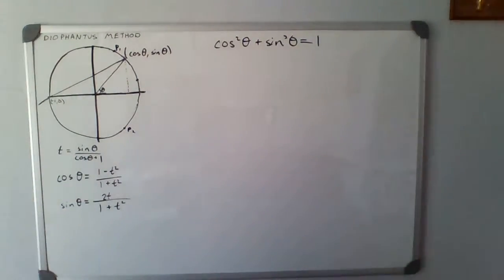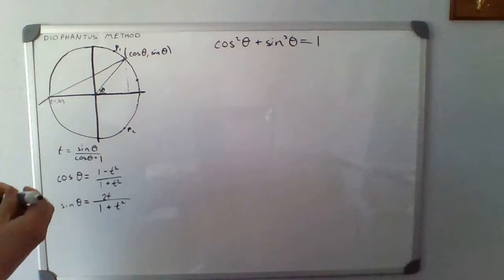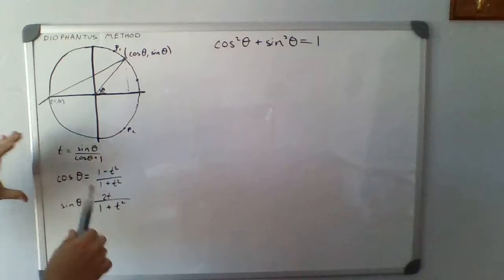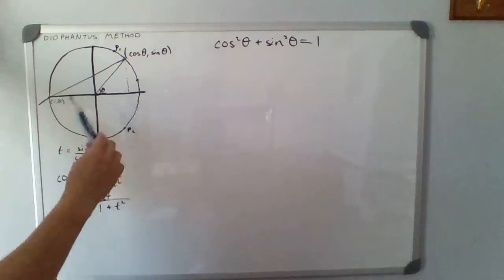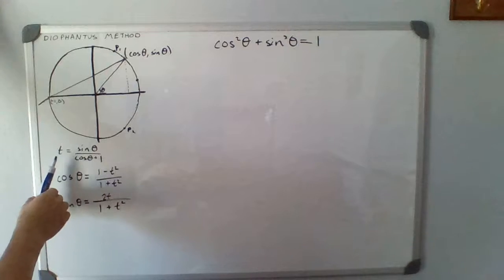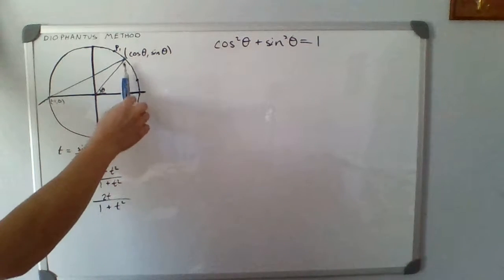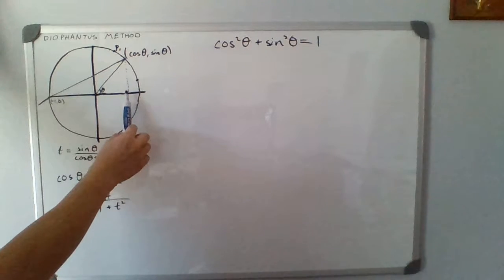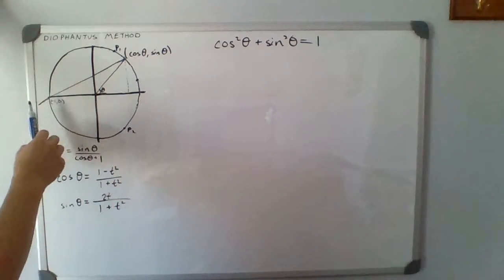Okay, so in this video, I'm going to give an example of how this parameterization works. So basically, the whole time I've been talking about this, I've been talking about taking a value t, which is the ratio of sides, sine theta to cosine theta plus 1.